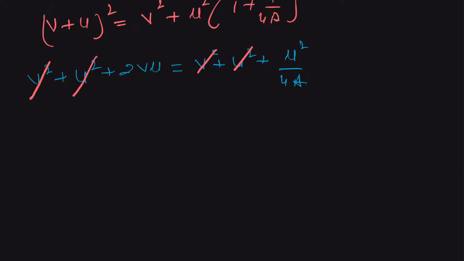Therefore we get 2vu is equal to u square upon 4 times a. We can take u as common, and this becomes u times 2v minus u upon 4 times a is equal to 0.